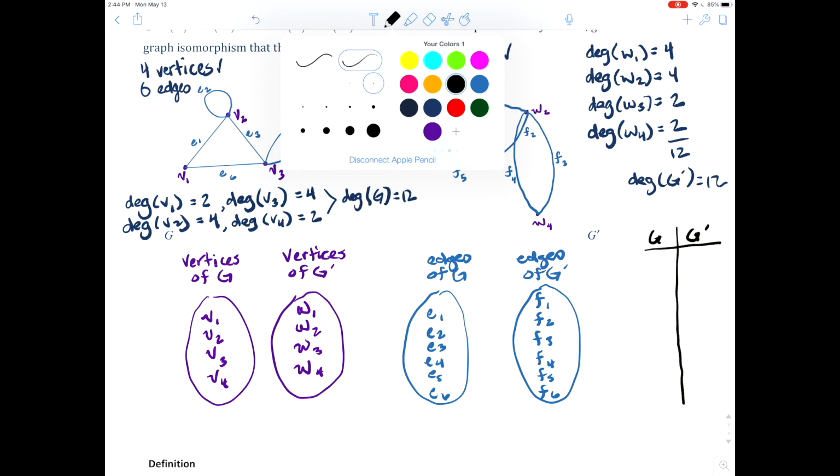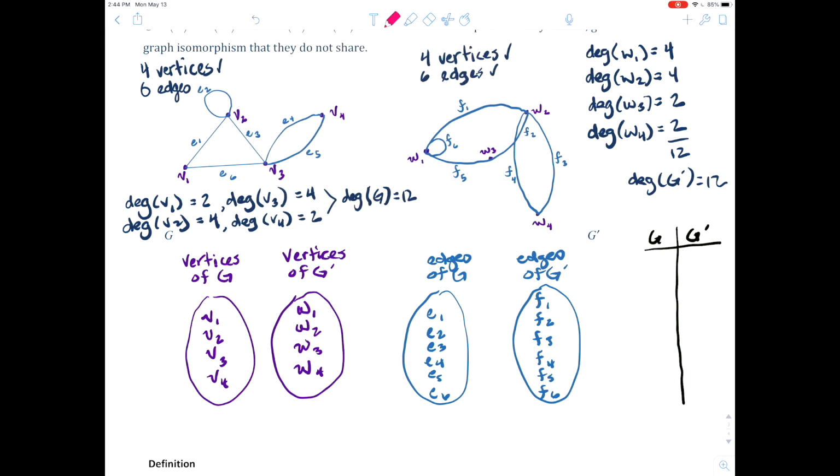So in G, we have V1, E1, V2, right? Now, what was the degree of V1? Beautiful, it was 2. What about the degree of V2? It was 4, right?